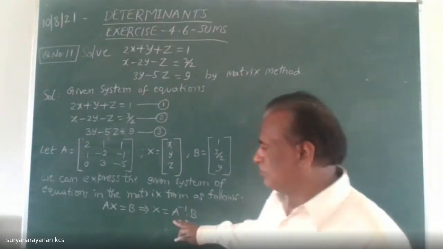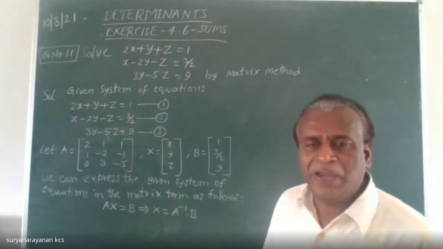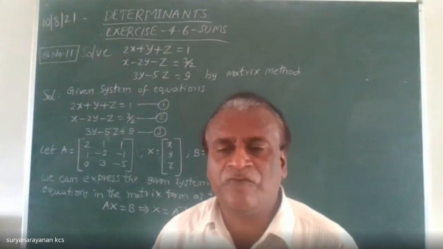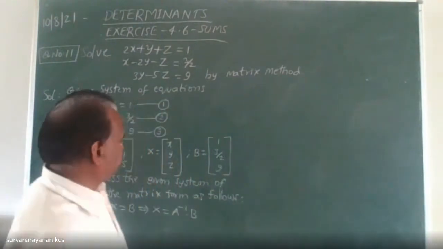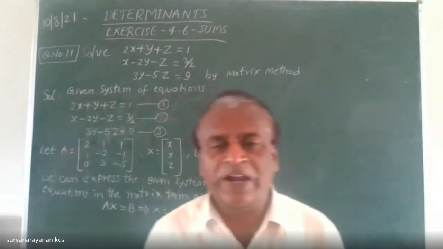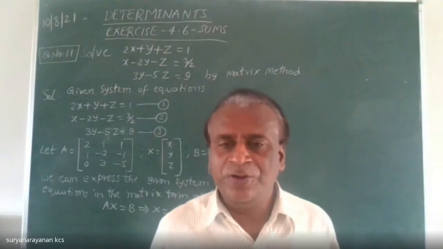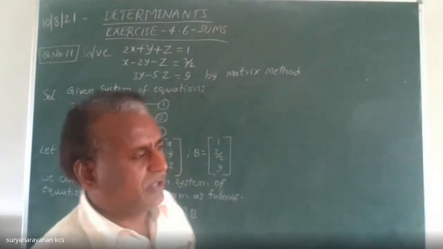Okay, now we have to find A inverse. Our main task is we have to find A inverse. Before that, what is the formula to find A inverse? 1 by det A into adjoint A. Yes, 1 by det A into adjoint A. Very good, my dear student.